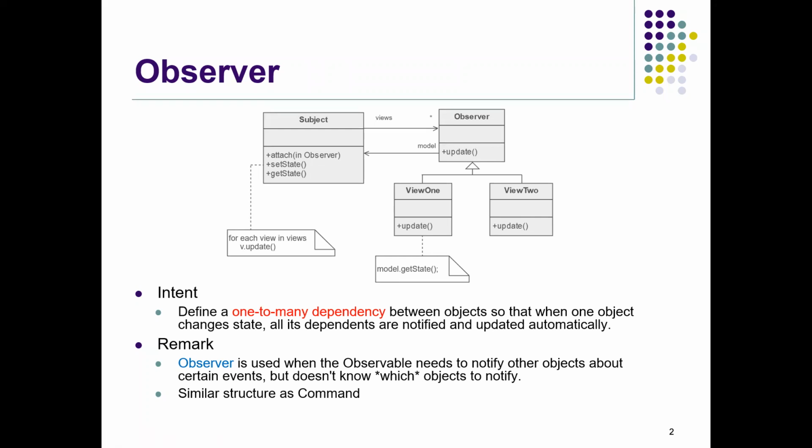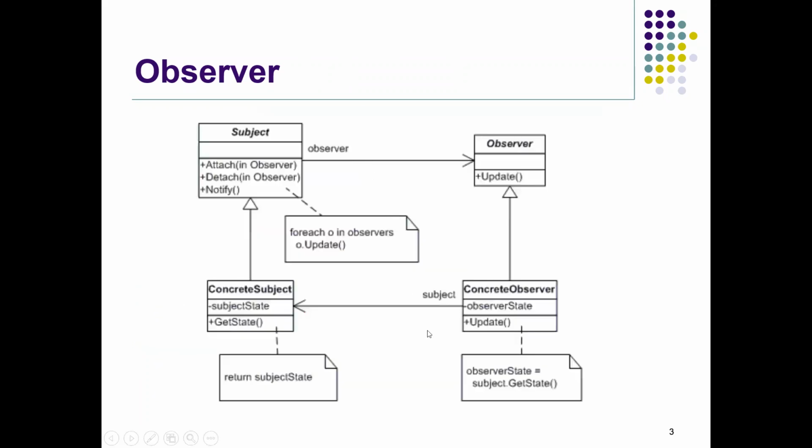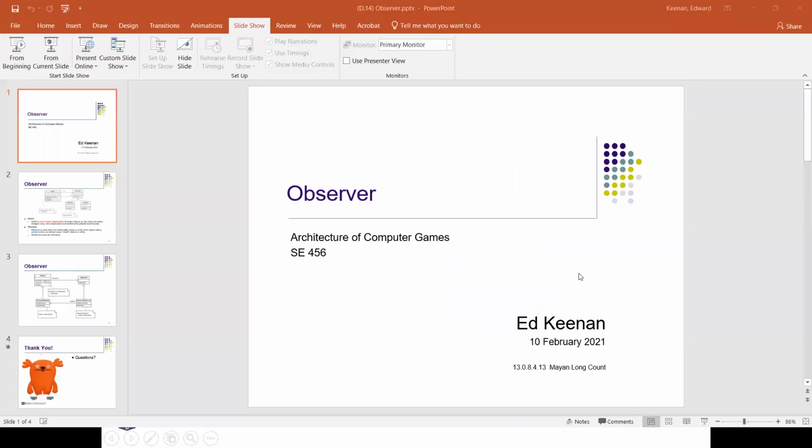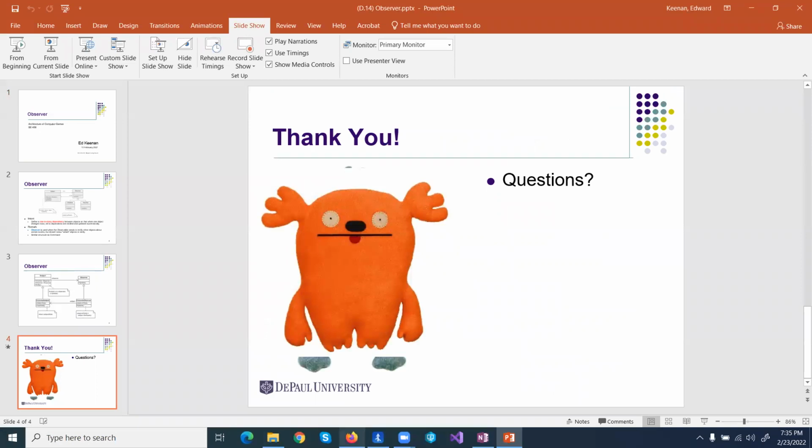The subject holds one to many observers, and the observers, when triggered, will get executed, right? So this is what the formal diagram looks like. The subject holds one to many observers. The observers point back to the subject for state. When you say notify, it goes through the linked list of all the observers, right? So it's basically a listening event system.